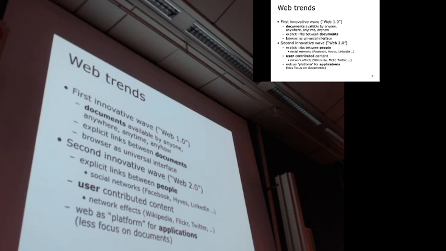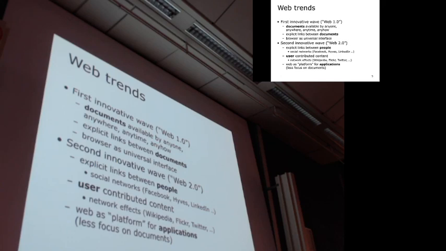Where the first wave of the web was characterized by traditional large organizations putting in the content, the second wave was also about user-contributed content. For example, on Wikipedia, it's not one large organization that puts in all the content, but individual users can do so, and that made a big difference.